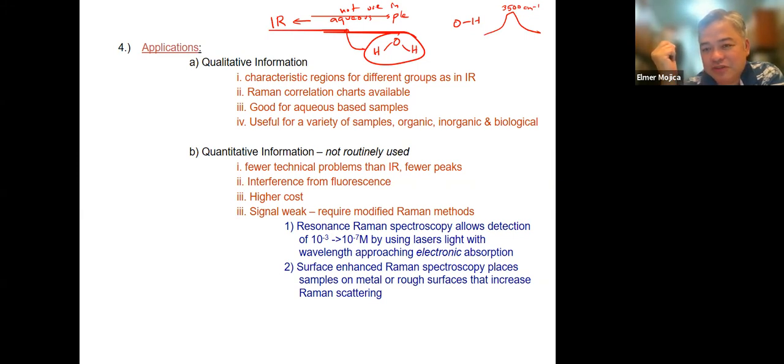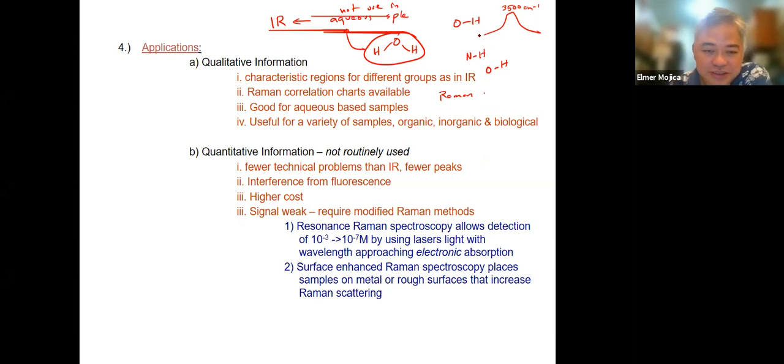So if you have a broad peak at 3500, it masks out any NH or OH group in your sample. The alternative there is to use the Raman, because the Raman will not be affected by the broad peak of the hydroxyl group.